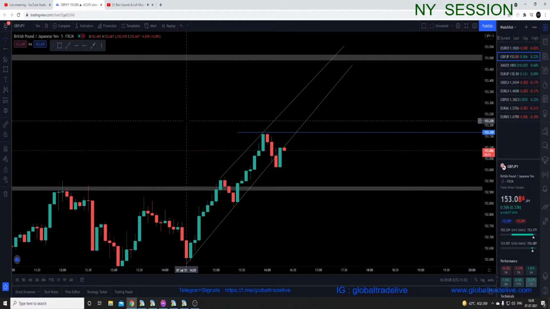The 5-minute candle just closed with no wick, which is not a good sign here.